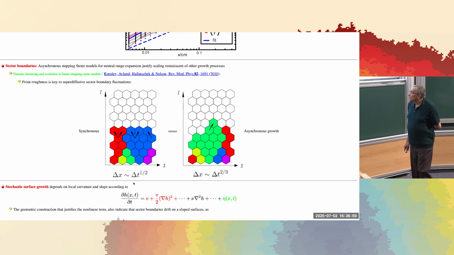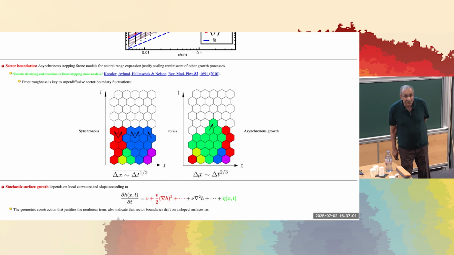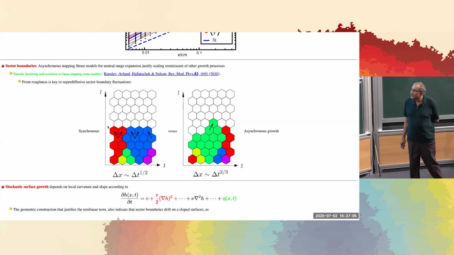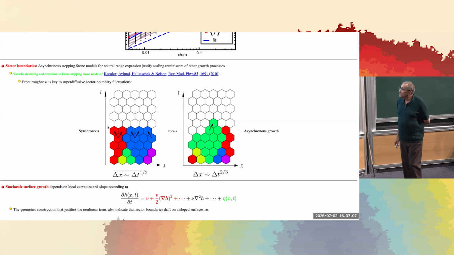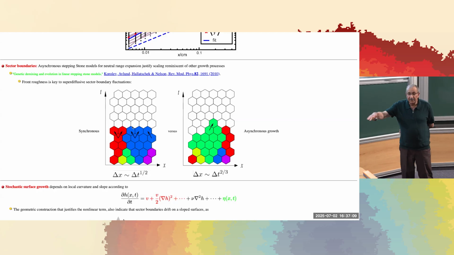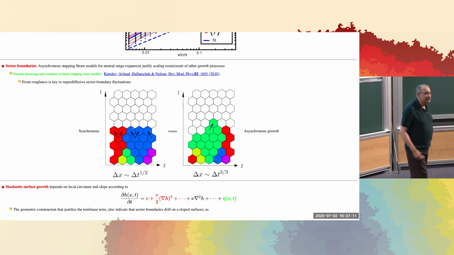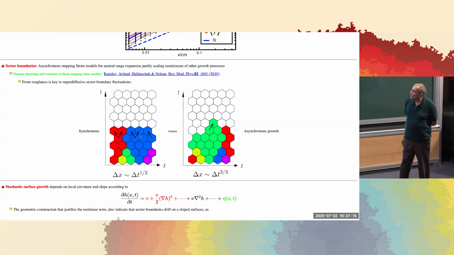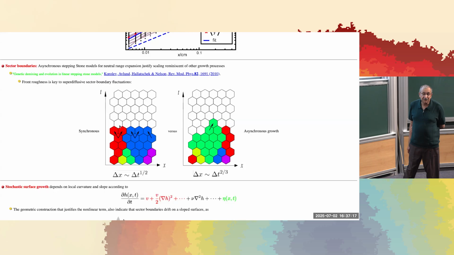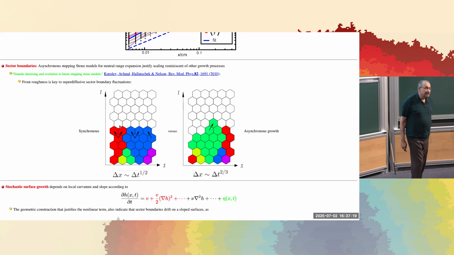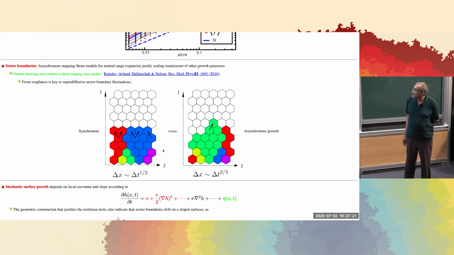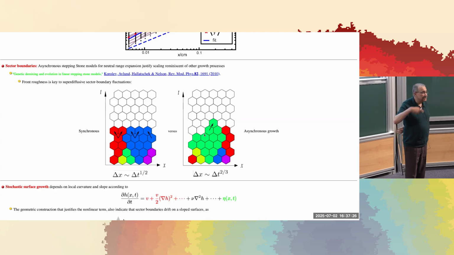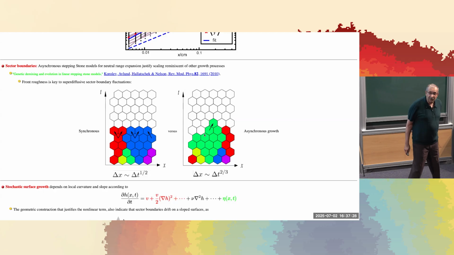So the next version of the model, they just made a simple change, which is that in this first model, the assumption was that you grow one layer, and then another layer, and then another layer. And so the interface between the growth and the empty is flat, which is certainly not the case, because the cells don't wait to make sure that the entire layer is filled before they reproduce.